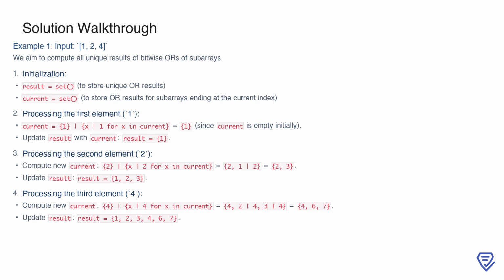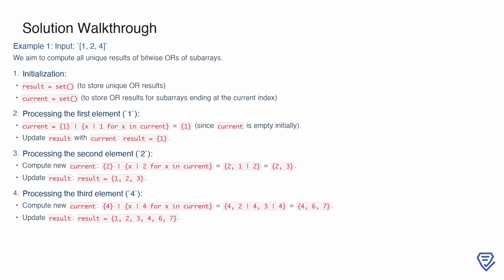Since current is initially empty, the OR operation produces just 1. We update result with this value, so result is now {1}. Next, we process the element 2. The new current set is computed by performing bitwise OR between 2 and every value in the previous current, along with the element itself. This gives {2, 3}, as 1 OR 2 equals 3.